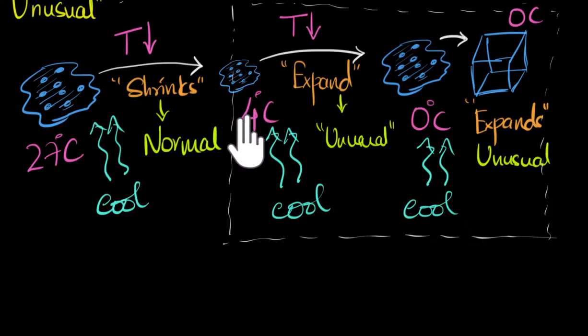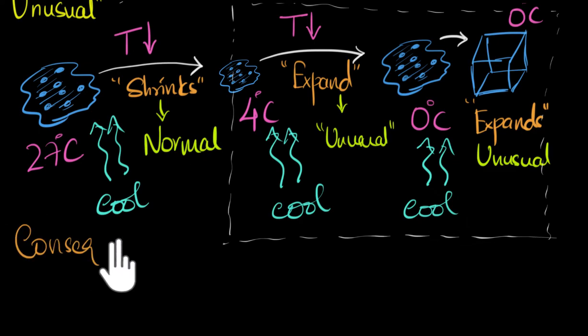In physics, we could say the density of the water is maximum at 4 degrees Celsius. Density is a measure of how crowded things are. Since water is the most crowded at 4 degrees Celsius, it will have maximum density at 4 degrees Celsius. So that's one consequence we can write. So consequences.